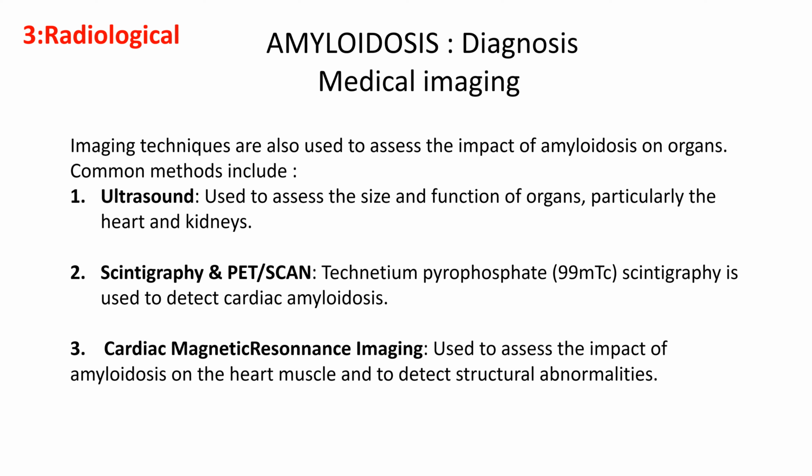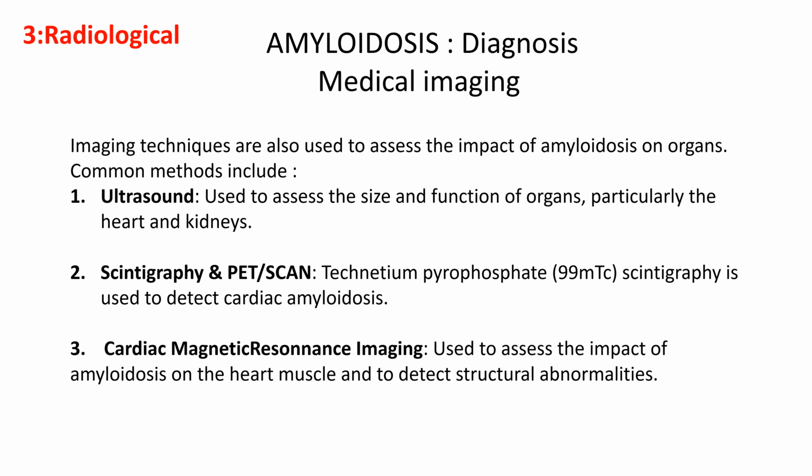For doing diagnosis, we can usually do medical imaging. Imaging techniques are also used to assess the impact of amyloidosis in different organs. We can use ultrasound to assess the size and function of organs, particularly the heart and kidneys.